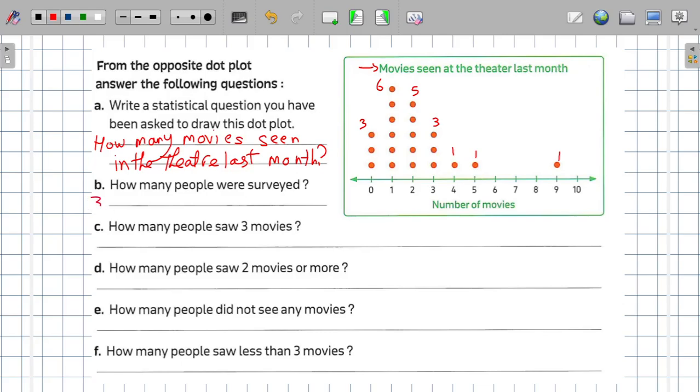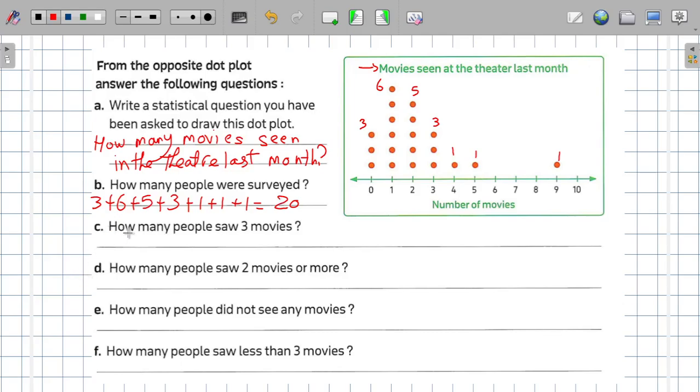So I have 3 plus 6 plus 5 plus 3 plus 1 plus 1 plus 1 equals what? 3 plus 6 equals 9. 9 plus 5 equals 14. 14 plus 3 equals 17. 17 plus 1 plus 1 plus 1 equals 20. So I have 20 people who were surveyed.